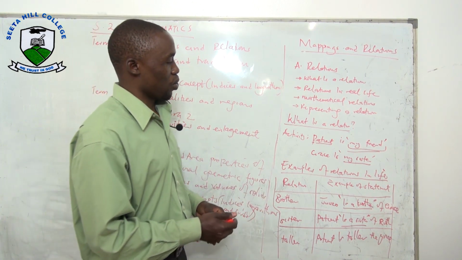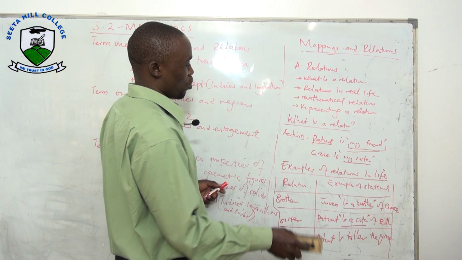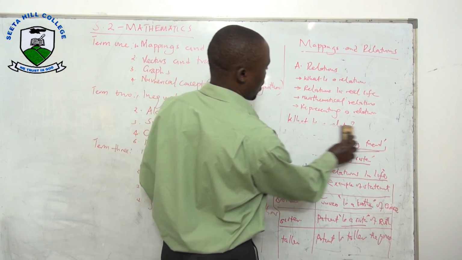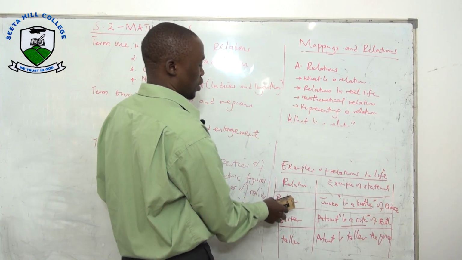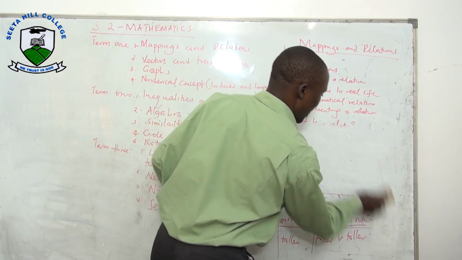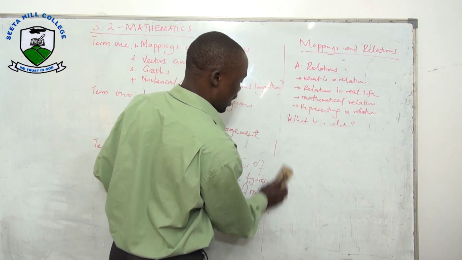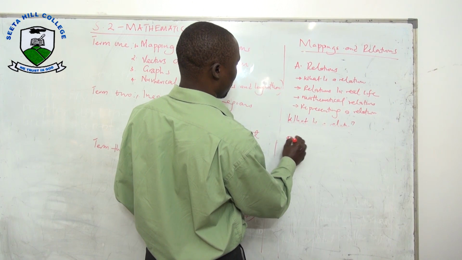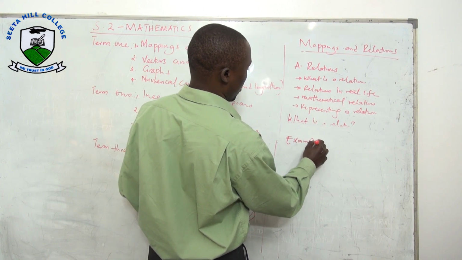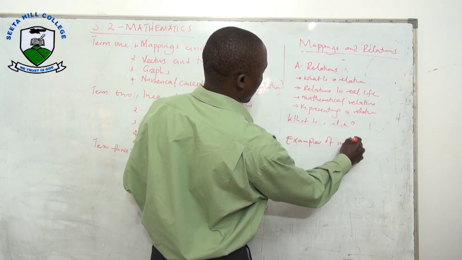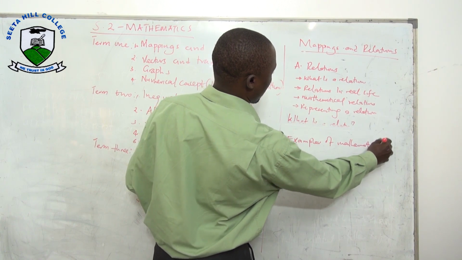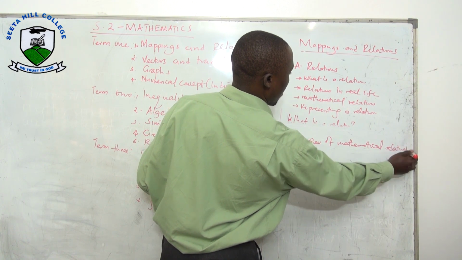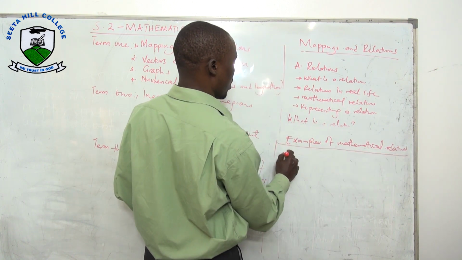Yeah. Now, what of some mathematical relations that you could imagine? Examples of mathematical relations. Something that has numbers in it. Yes.